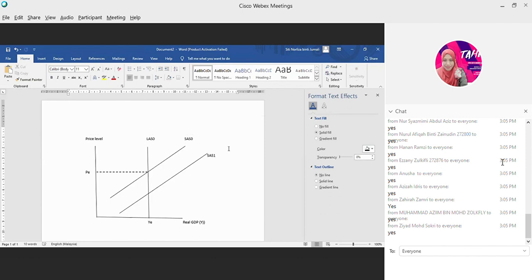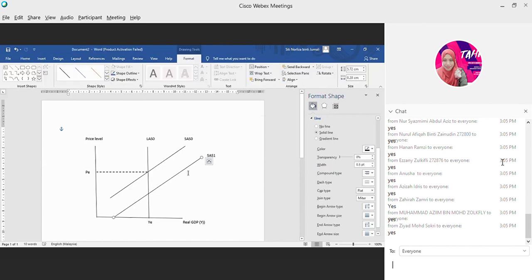Okay, now I think you can read by yourself all the factors that will shift SAS. Let's say we use the second determinant, the tax and the subsidy. Logically, with tax, firms will face an increase in cost. If the government imposes tax, the cost of production will increase. We are not referring to one producer, we are referring to all producers.